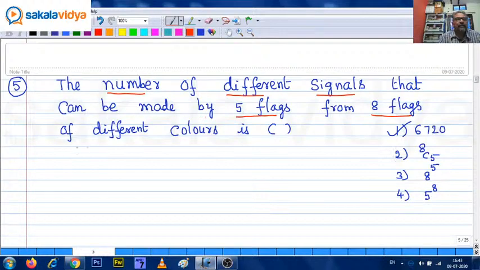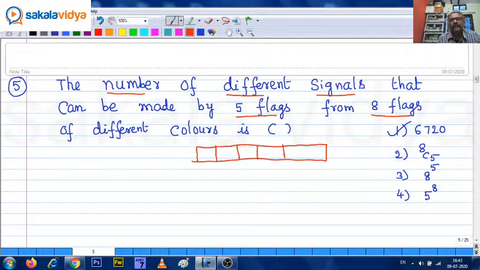So 5 flags means 5 different ways you need to arrange. For the first place, 8 ways you can arrange. This is 7 ways, this is 6 ways, this is 5 ways, this is 4 ways.